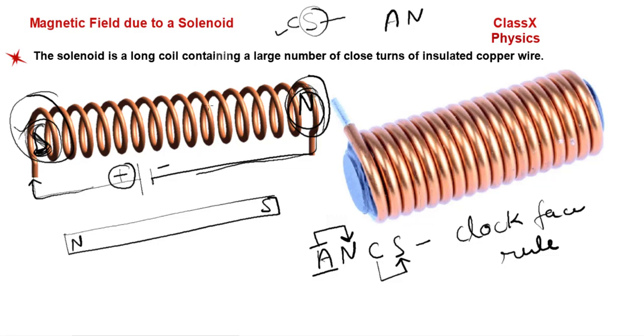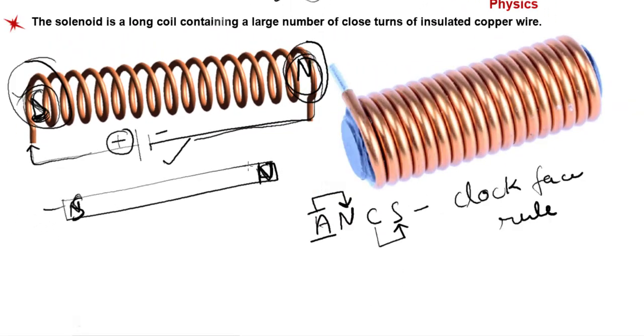If we observe the flow of current in a solenoid, in a coil, we can define the poles of that bar magnet. It means there will be a south pole and a north pole in the solenoid.